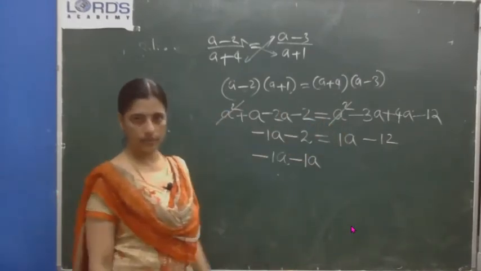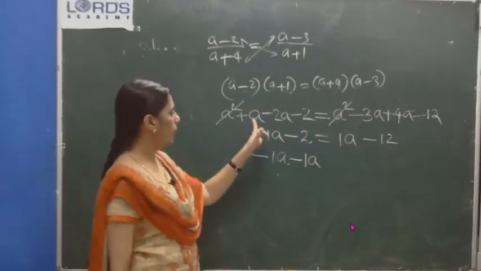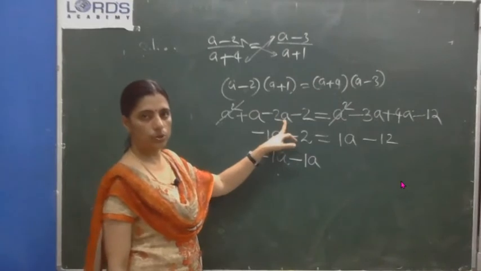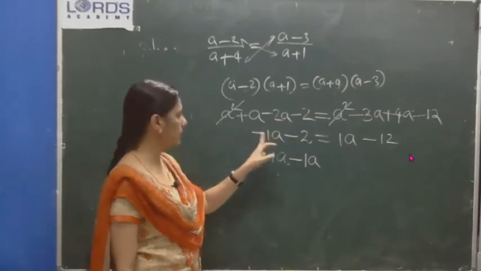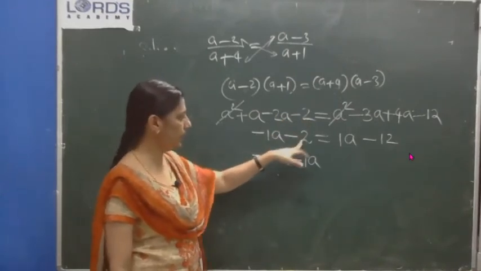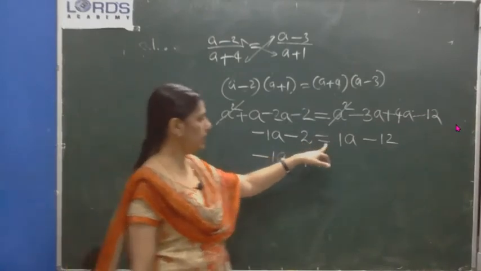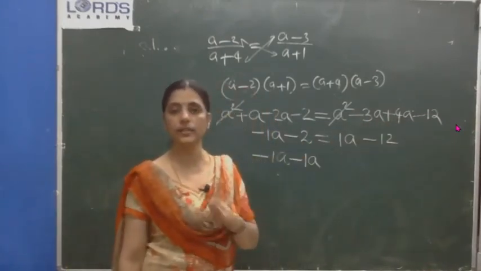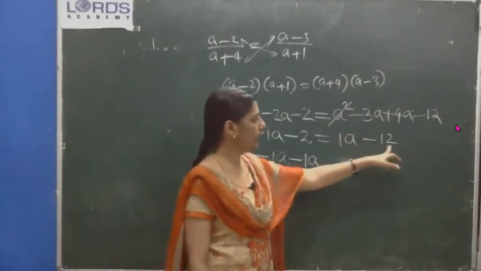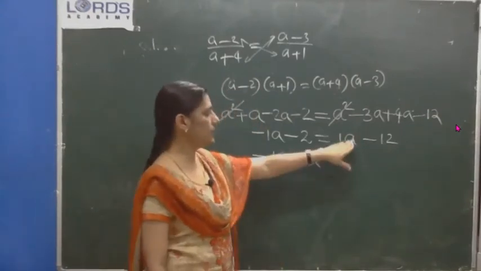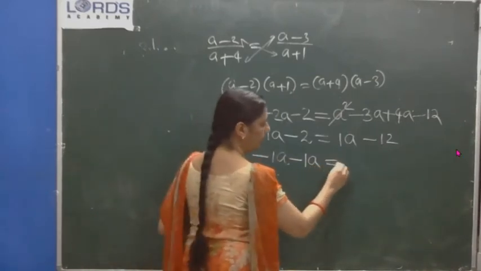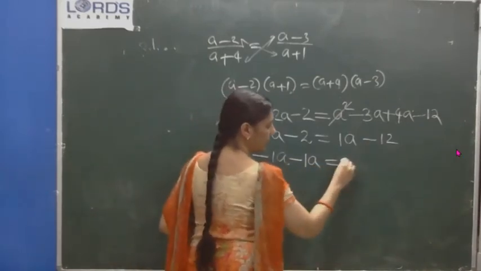a square cancelled. Now 1a minus 2a, 1 minus 2 is negative 1, so negative 1a. Then this minus 2 as such is equal to negative 3a plus 4a, which is positive 1a minus 12. Now I am going to take this 1a to this side, so it became minus 1a equal to negative 12.